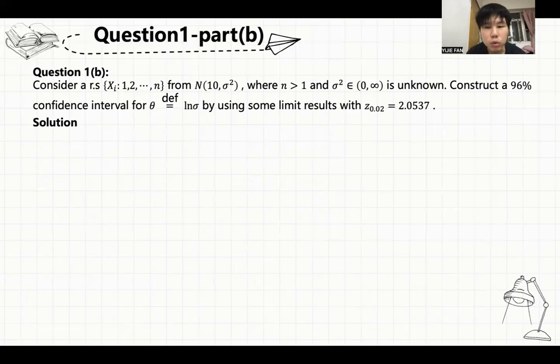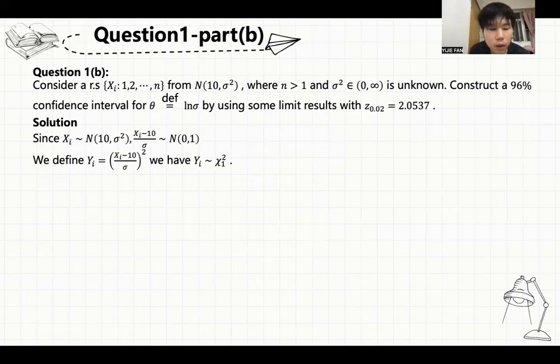We need to find the confidence interval for a newly defined theta. Okay, so we know Xi obeys a normal distribution with mean 10 and variance sigma square.